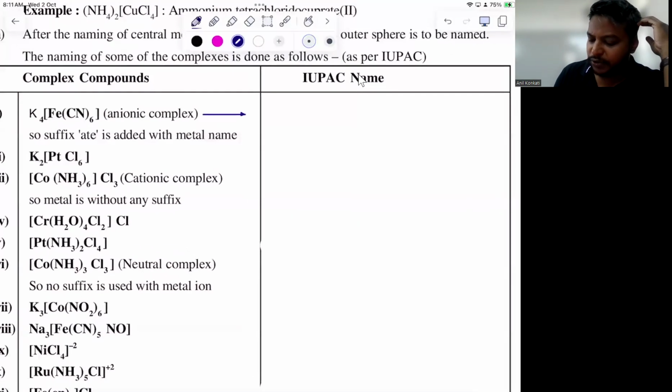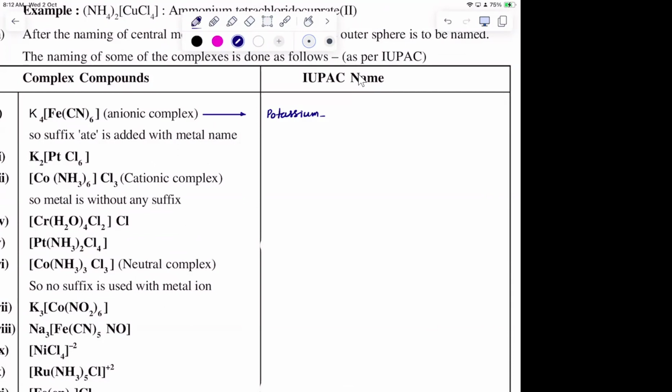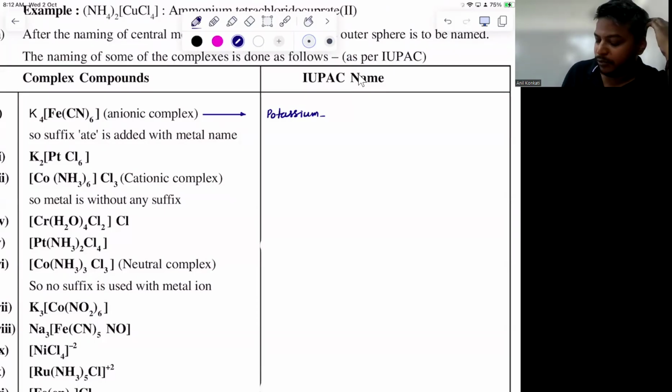Keep writing. What would be the first one? Potassium, then space. Entering into potassium.